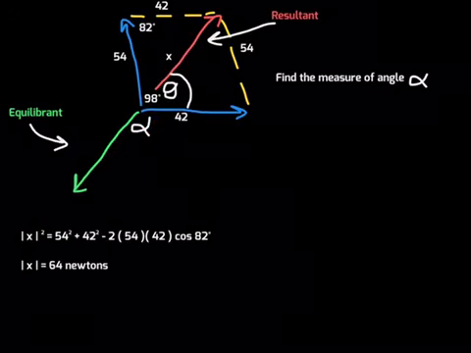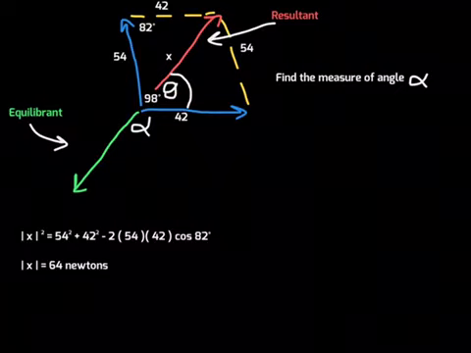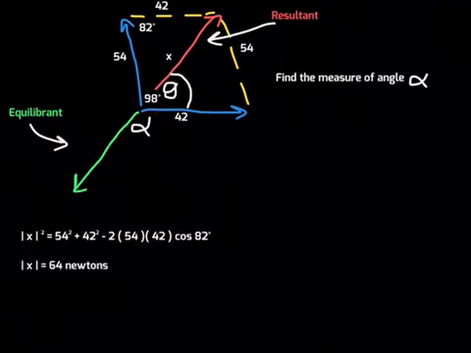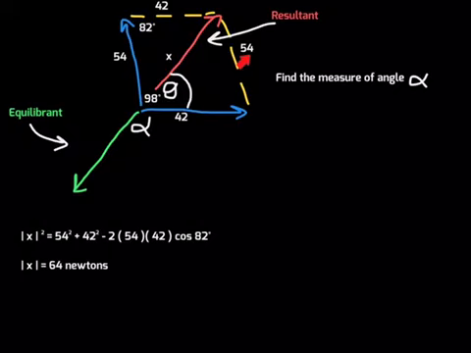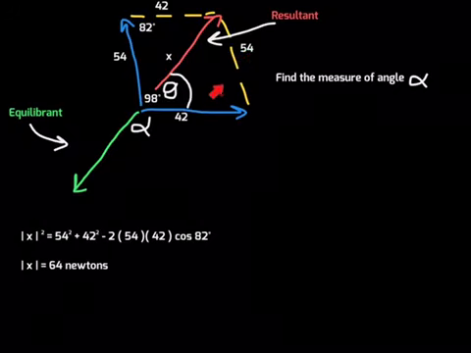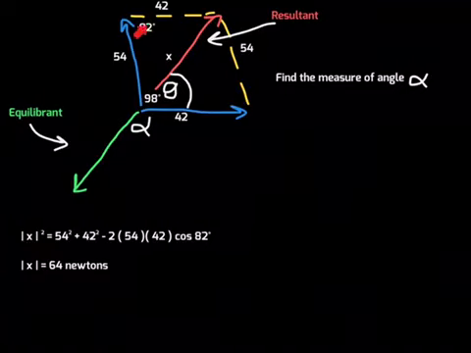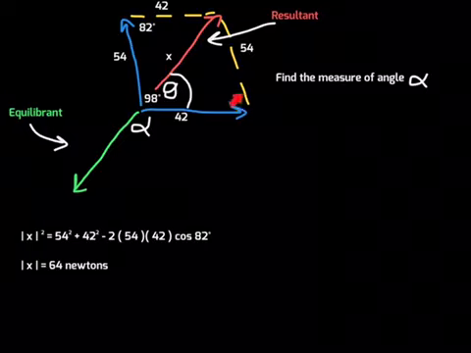Now, I think you and I can use the law of sines to find angle theta because look at this. Sine of angle theta over 54 must be equal to sine of this angle. And by the way, this angle is 82 degrees because it's opposite the other angle of 82 degrees, right? In a parallelogram, opposite angles are equal.